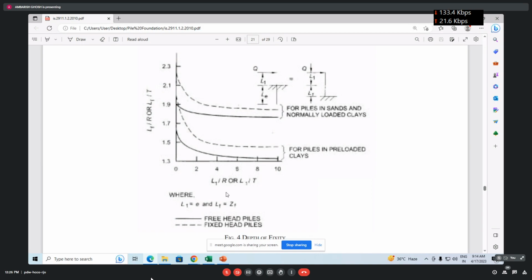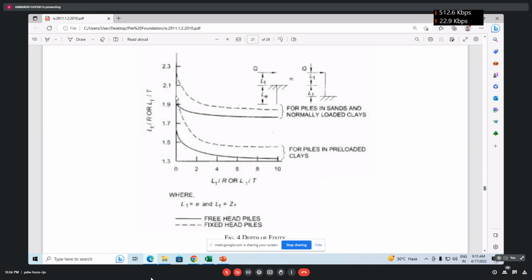So now let us assume your case, say the fixed head case. Which curve will we read here? Suppose eccentricity is 0. So we will take the curve corresponding to L1 by R equal to 0. If we take it as a fixed headed pile, we will get the dashed line. So what is the value for us now?